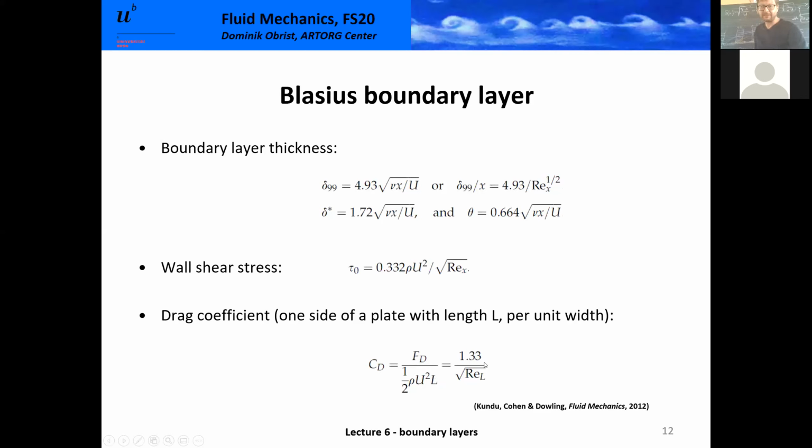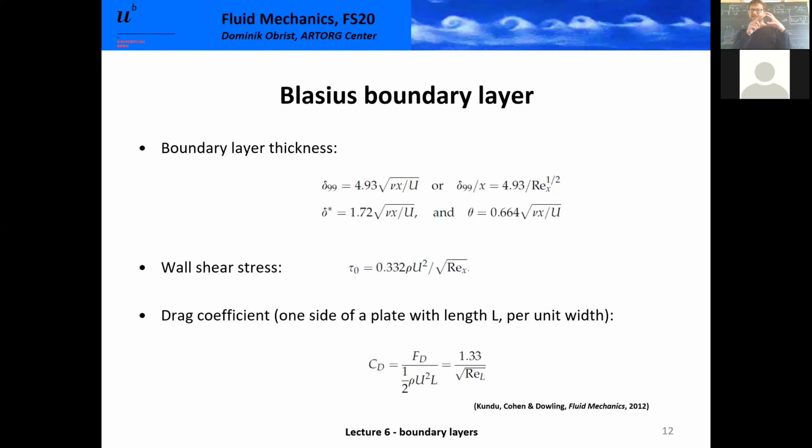And that can be expressed by 1.33 over the square root of Reynolds L. Reynolds L now, mind you, is just like Reynolds X, but with an L in the numerator. So this expression is the same story that we had last week for the Stokes drag.